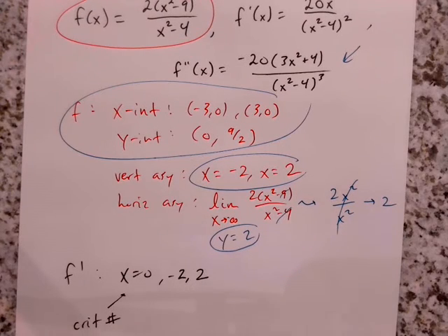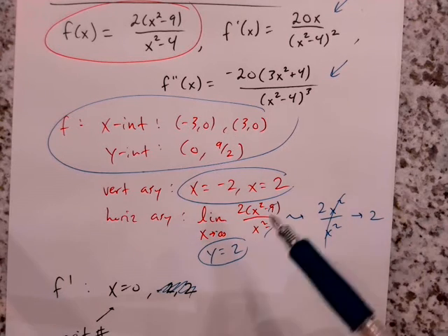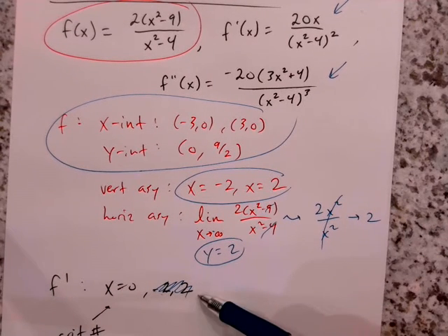Then I cross those off, because in order for a point to be a critical number, the function has to exist there. And our function does not exist at those 2 points. Those are asymptotes. If you forgot that and you left them as critical numbers, nothing actually changes for your math. It's just they aren't critical numbers, so I'm going to cross them off.